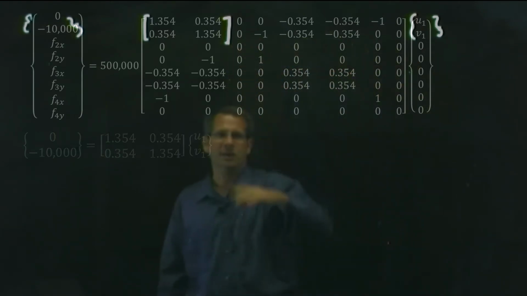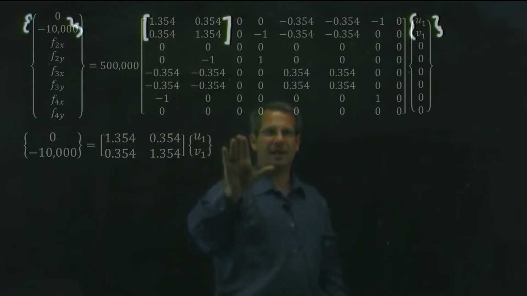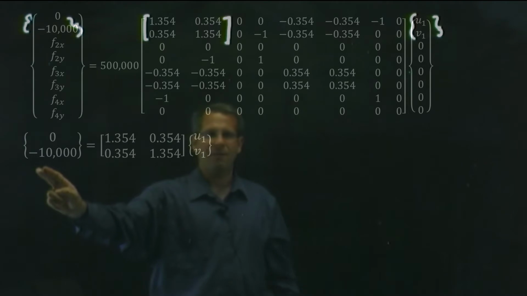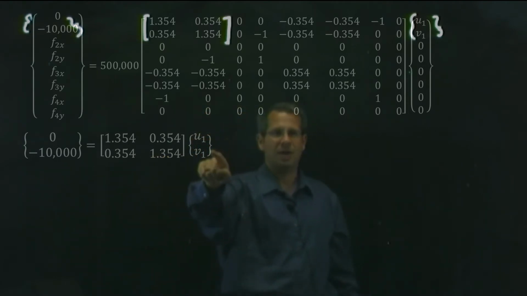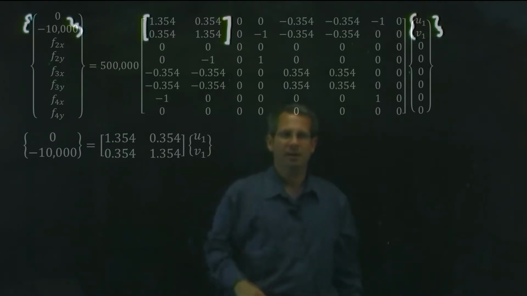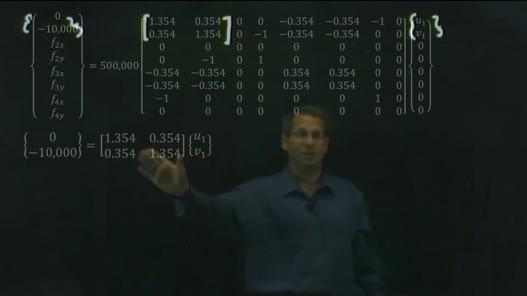Rewriting this smaller system, I now see that I have 2 equations with 2 unknowns, u1 and v1. I can solve for that using substitutions. This is a simple 2x2 system.